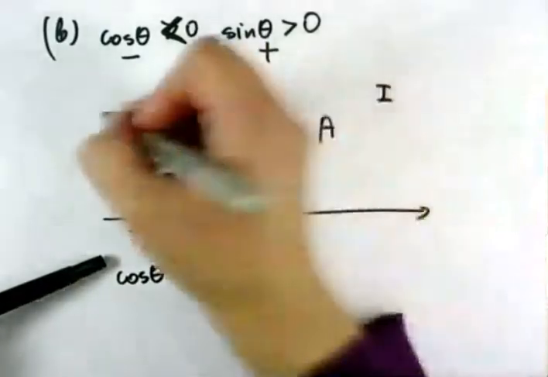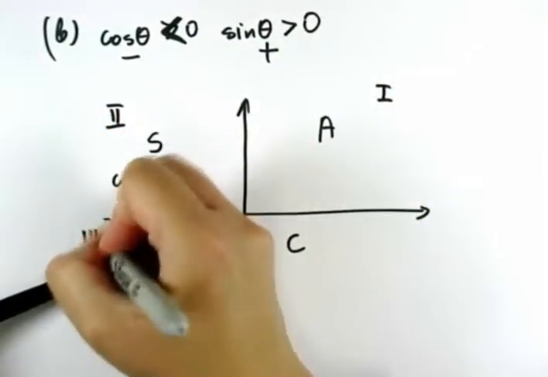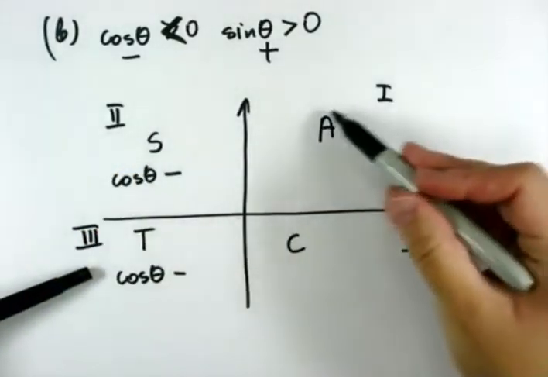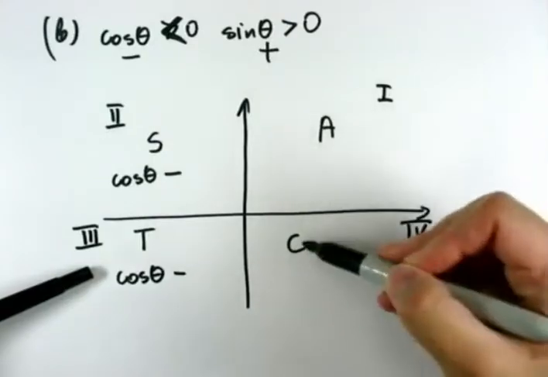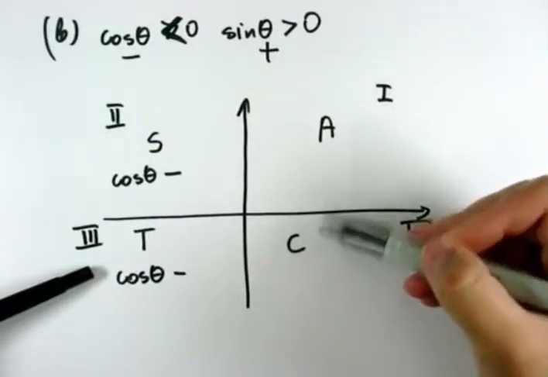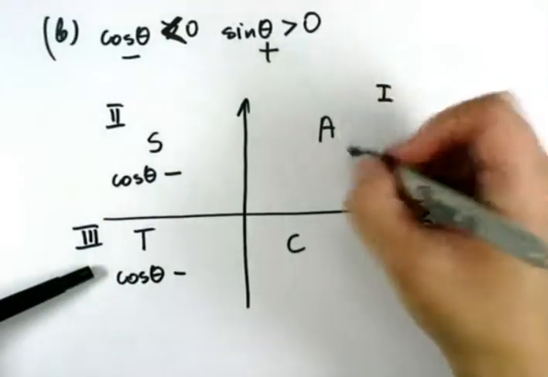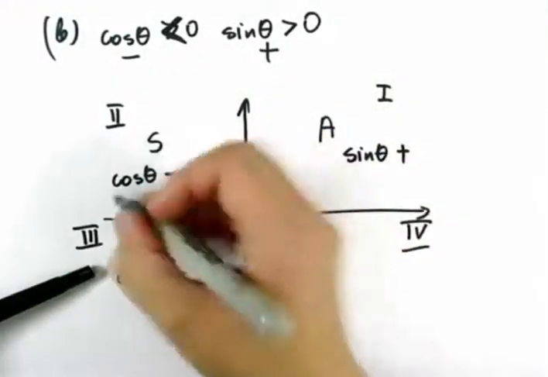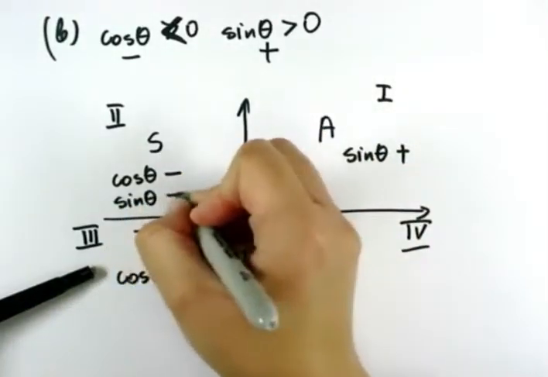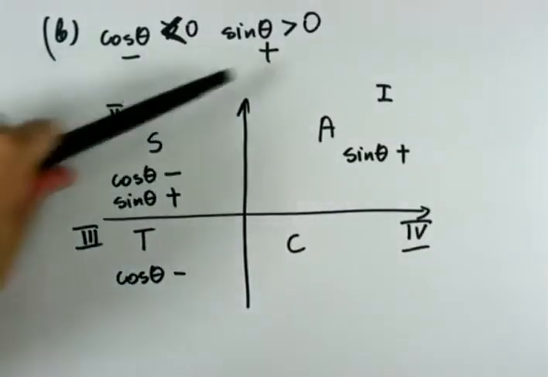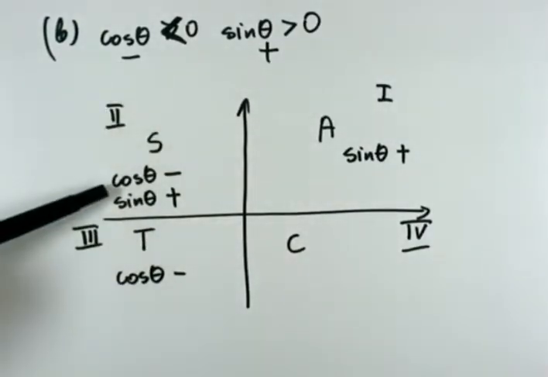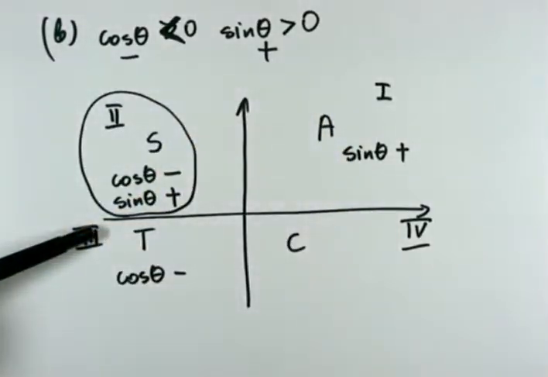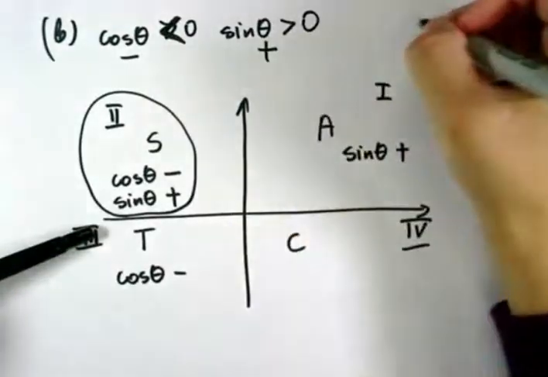This one was my 1, 2, 3, and fourth quadrant. In the first one all of them are positive, and C stands for cos positive. And now sine must be positive. Sine is positive in the first one, and sine is positive in the second one. So where those two conditions are satisfied, with cos negative and sine positive, so the answer is that theta lies in the second quadrant.